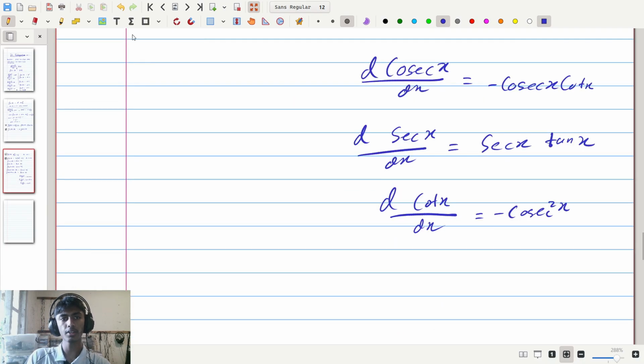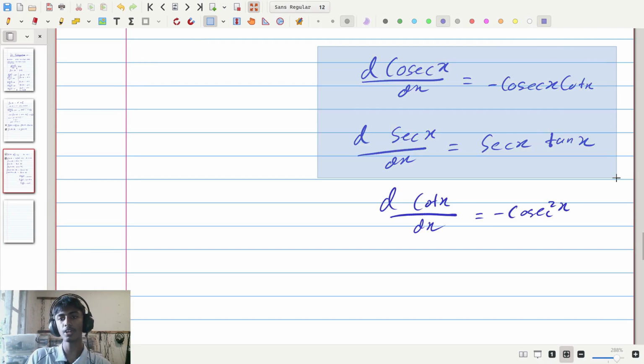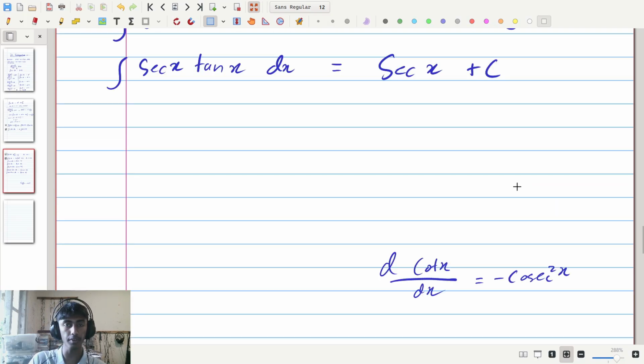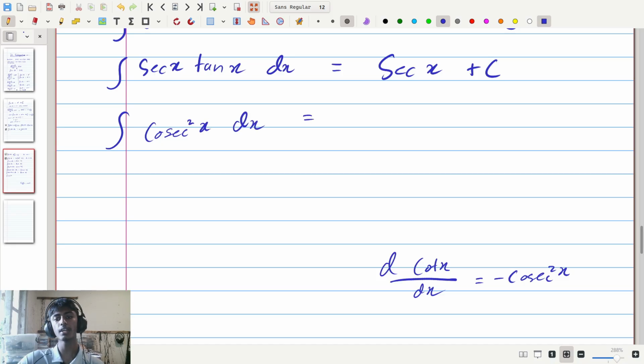And finally, for the cotangent of x, we have that the derivative of the cotangent of x is the negative cosecant squared of x. We're going to take the negative to the other side and write instead that the integral of cosecant squared of x taken with respect to x is going to be the negative cotangent of x and then of course plus c.